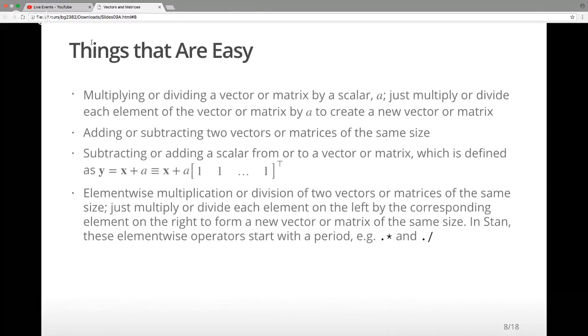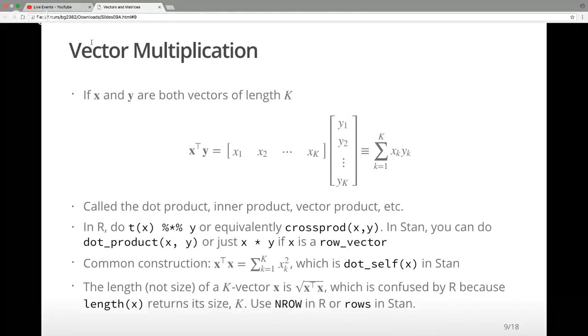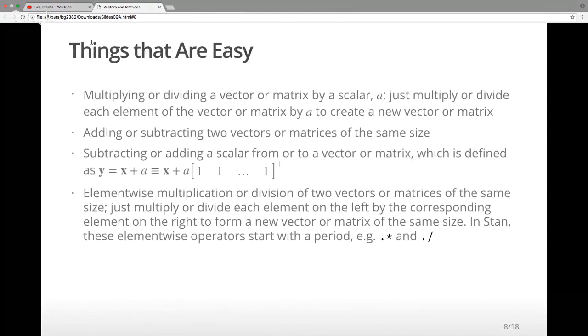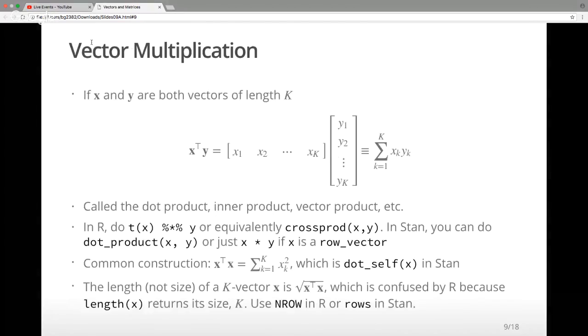So you can think of vector multiplication as element-wise multiplication of x and y followed by a summation of the element-wise product, so you get a scalar out at the end rather than another vector.